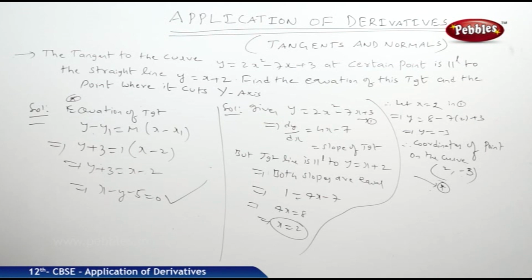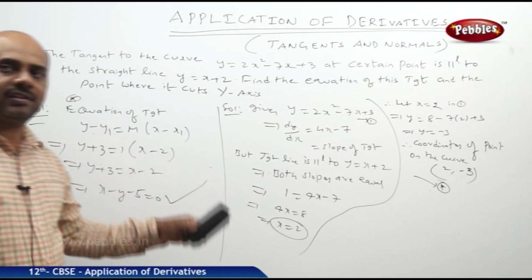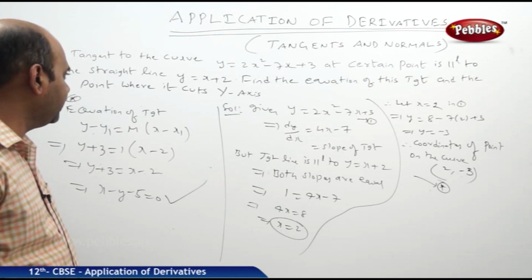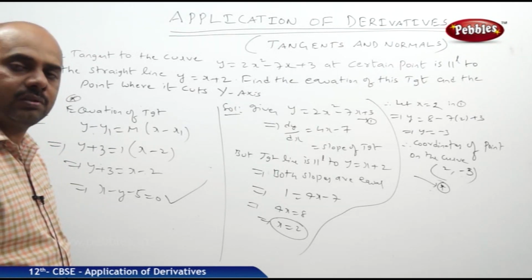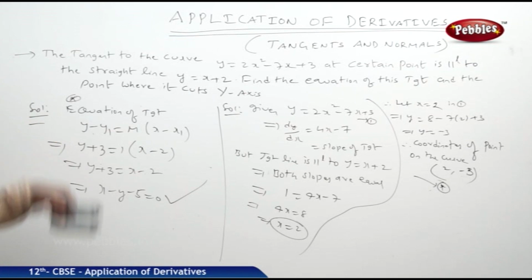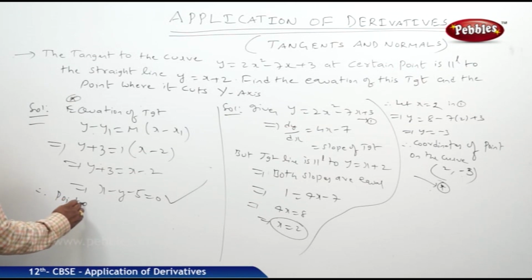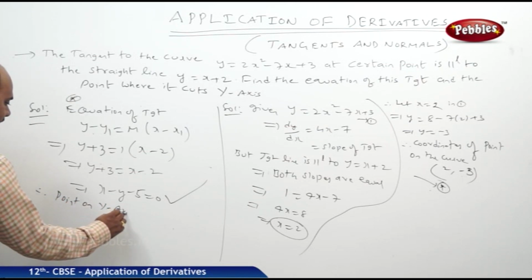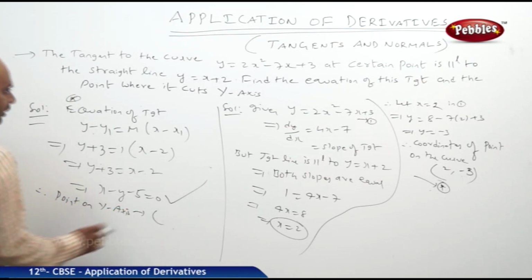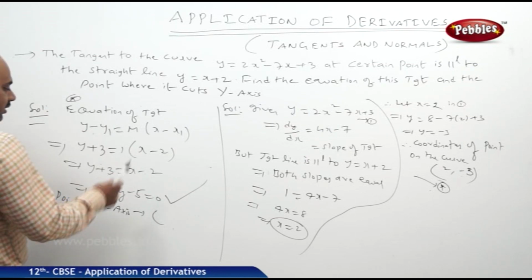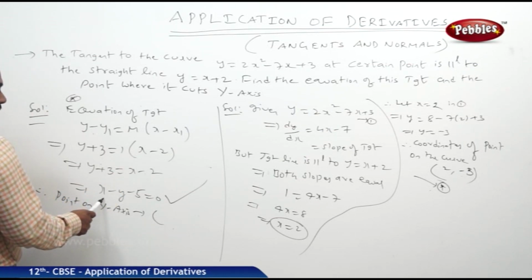But we need to find the point where it cuts the y-axis. Where the tangent is cutting the y-axis, definitely on the y-axis the x coordinate will be 0. So for the point on the y-axis, in place of x we need to put 0.